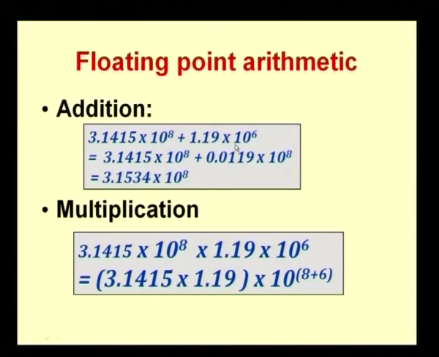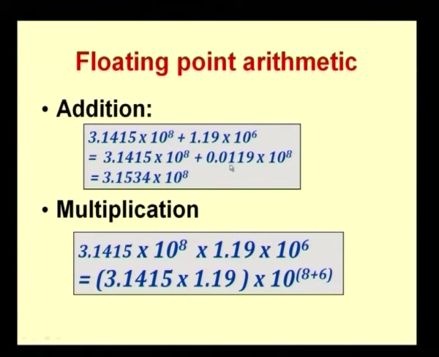I have 10 power 8 here, so I can bring this also to 10 power 8, in which case I will write this number as 0.0119 into 10 to the power of 8. I will do a right shift and accordingly add 2 to the exponent, for the 2 digits shifted right. If I want to make this 10 power 8, I will have to shift this right by 2 digits.